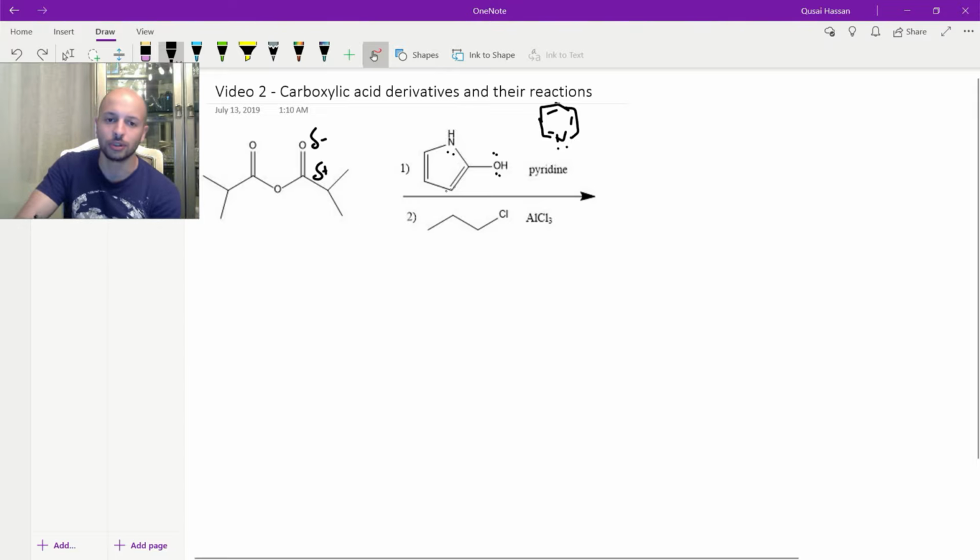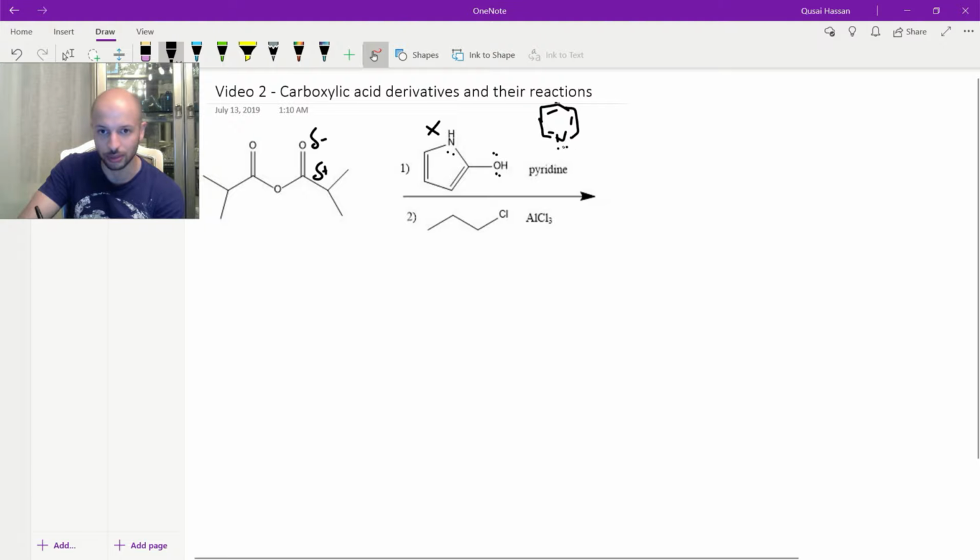As we know, aromatic systems are really stable and really hard to break. If these electrons attack the carbon, then they're going to break the aromatic system, and that's not thermodynamically stable. So this nitrogen will probably not act as a nucleophile.